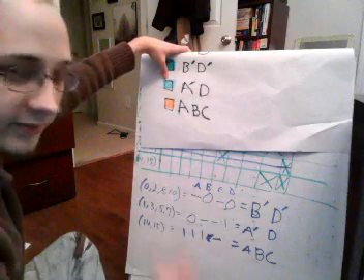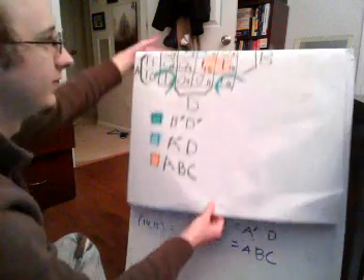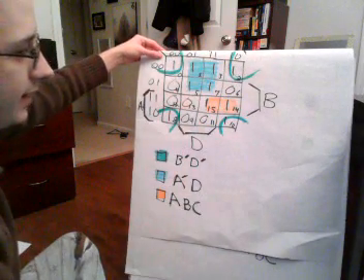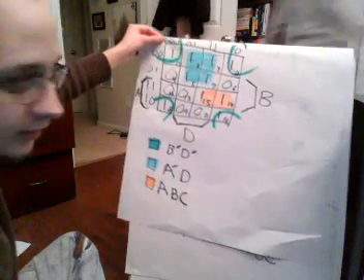K-maps are easier visually for humans to identify the groupings of ones, and the Quine-McCluskey is much better for computers.